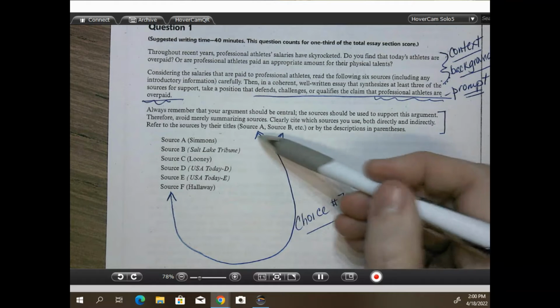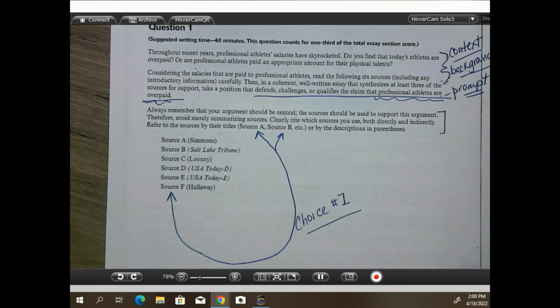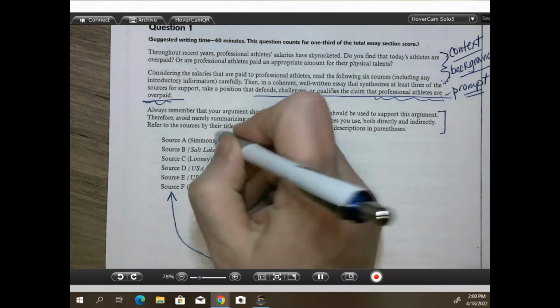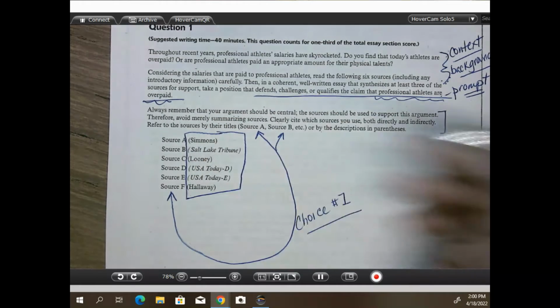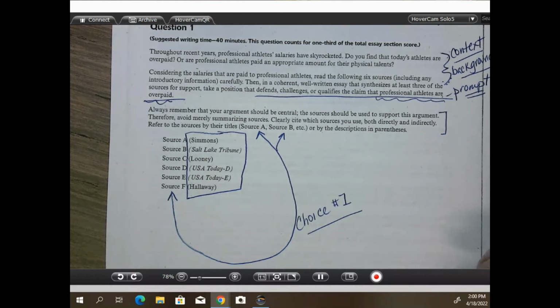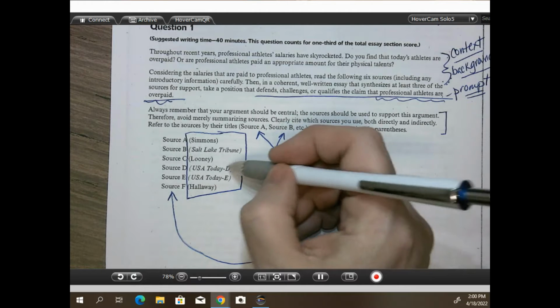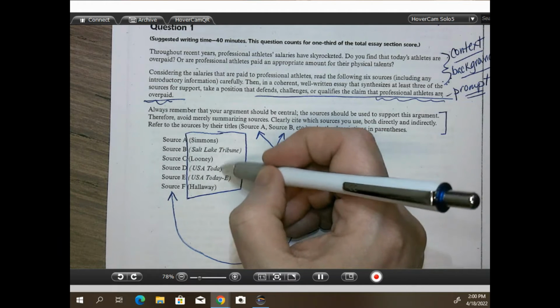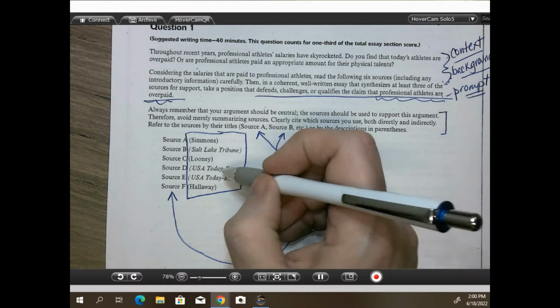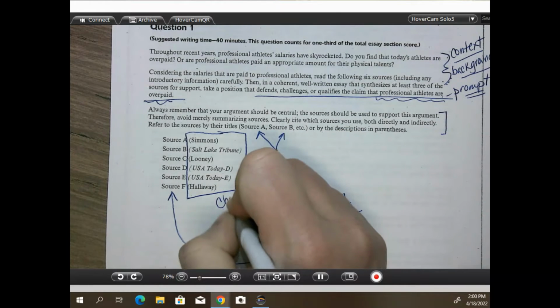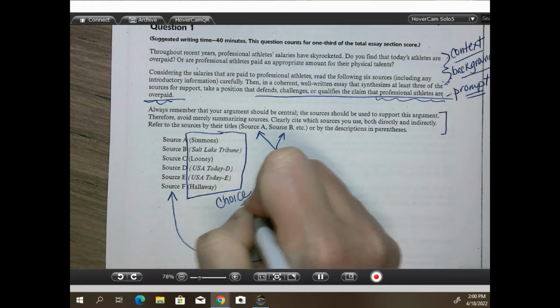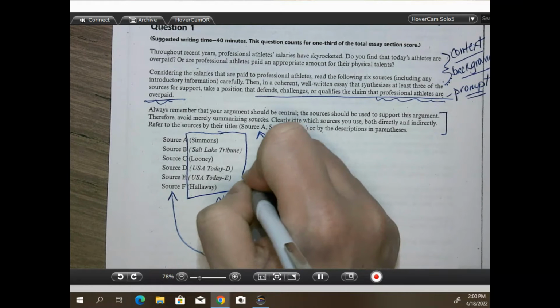To just use source A, source B, source C. You don't even worry about the names, just use source and which letter it is. Choice number two is what? To use, well, it's not always, you notice here on source D and E, you are missing names, but they will always give you the formal citation. So choice two is to use the formal citation.